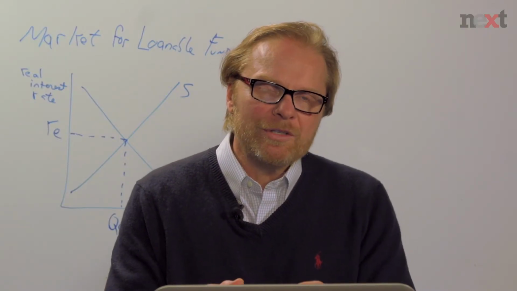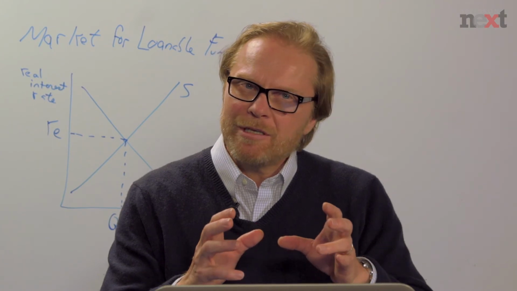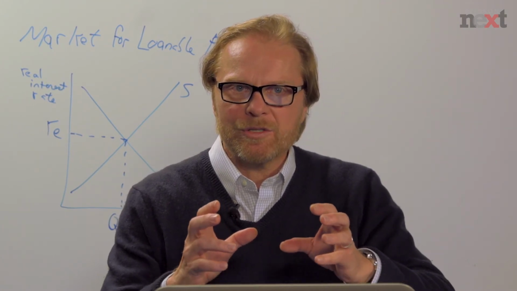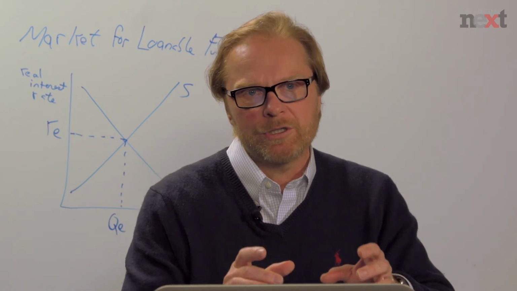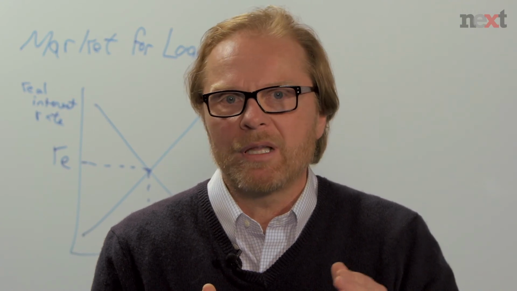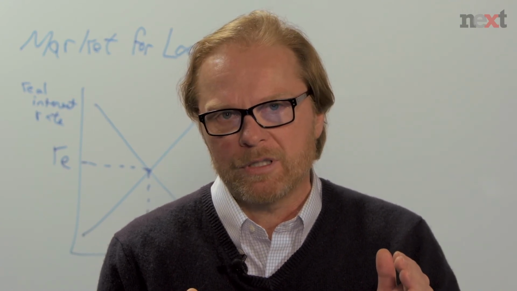Lastly, I wanted to make you aware of the fact that there can be different perspectives on how the supply and the demand for loanable funds shifts and what can cause them to shift. Remember, we showed an increase in the federal deficit increases the demand for loanable funds. But you will have some analysts and textbooks pointing out that if the government is going to borrow more money, there'll be less available for private investors, and so the supply of loanable funds will shift to the left.